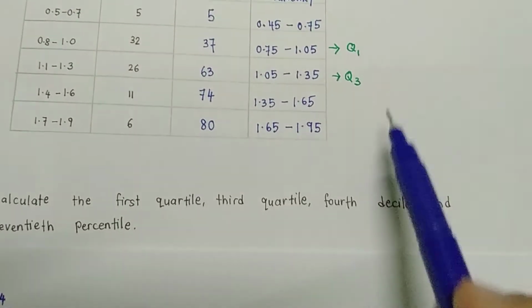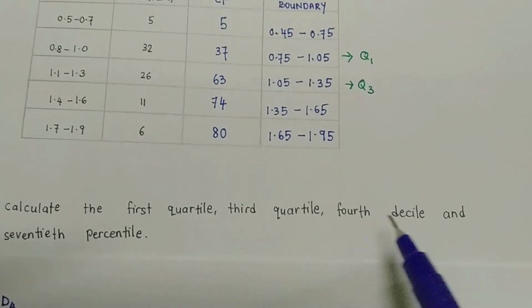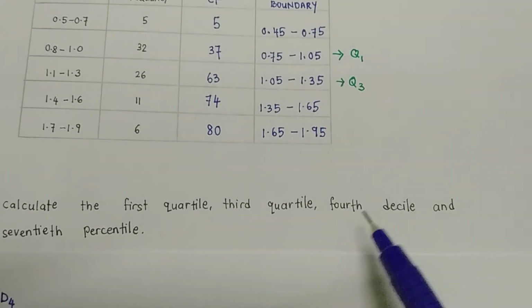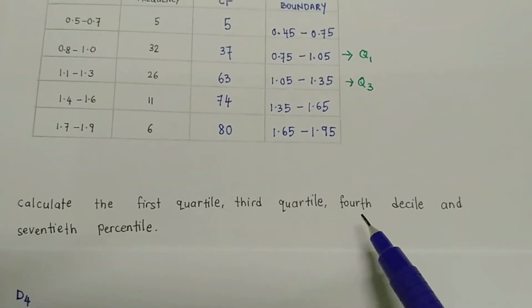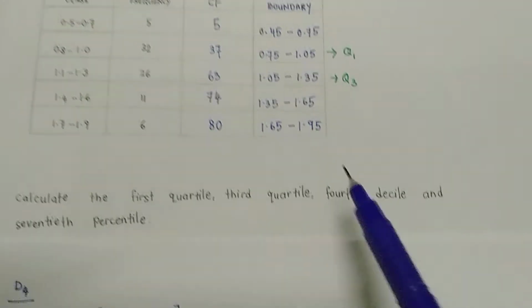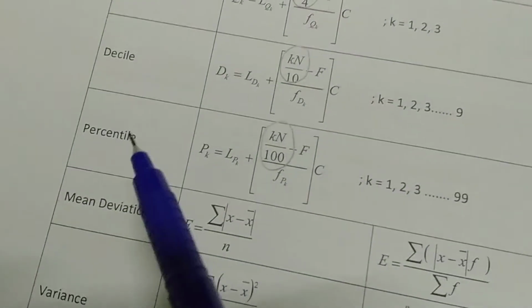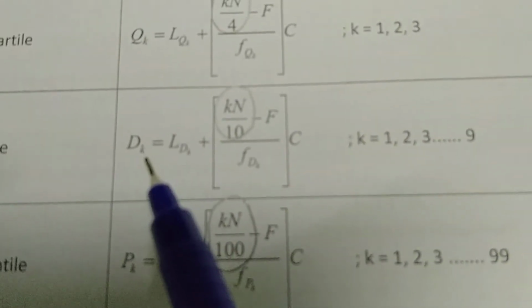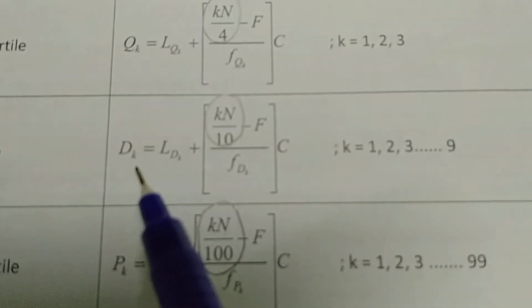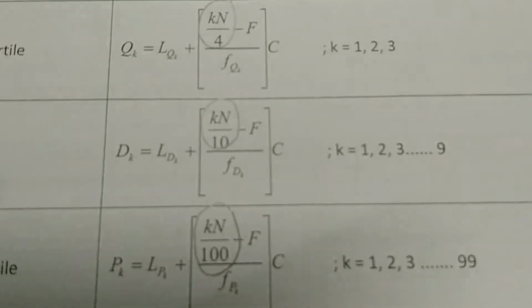Okay, now for the next question, the fourth decile. That means we must find D4. So now we must look at the formula for decile, Dk.